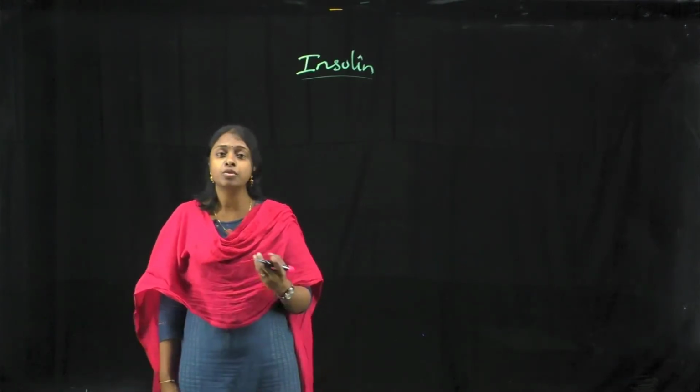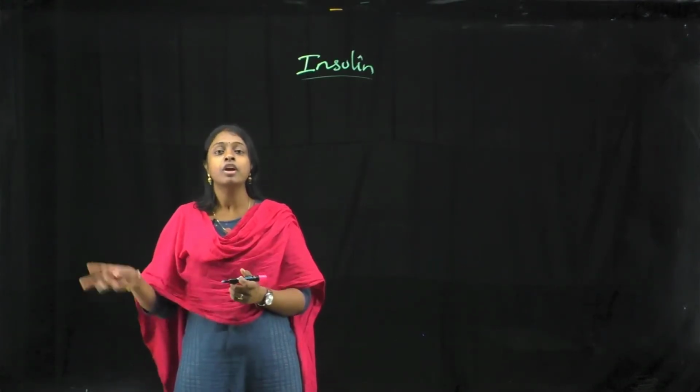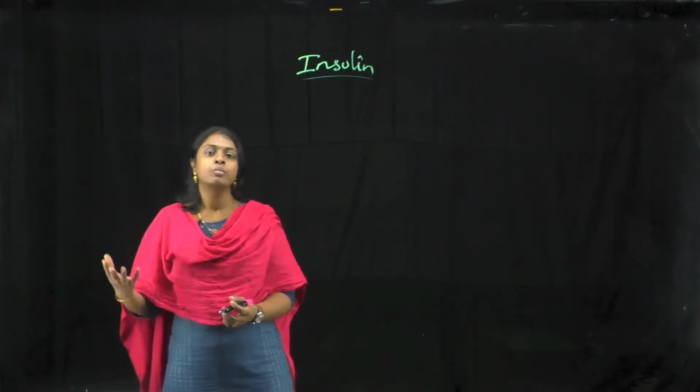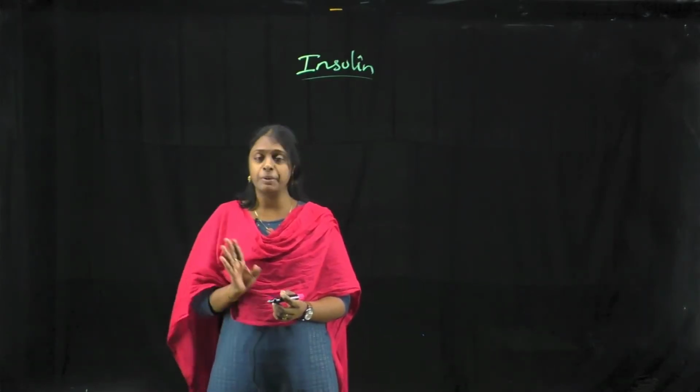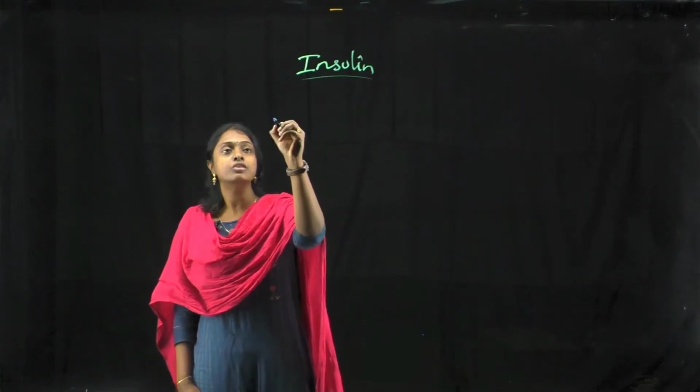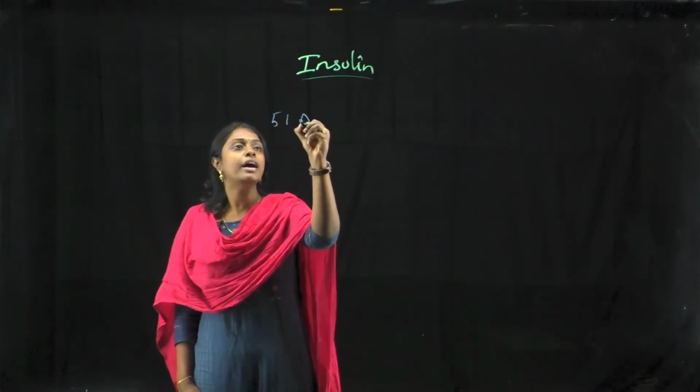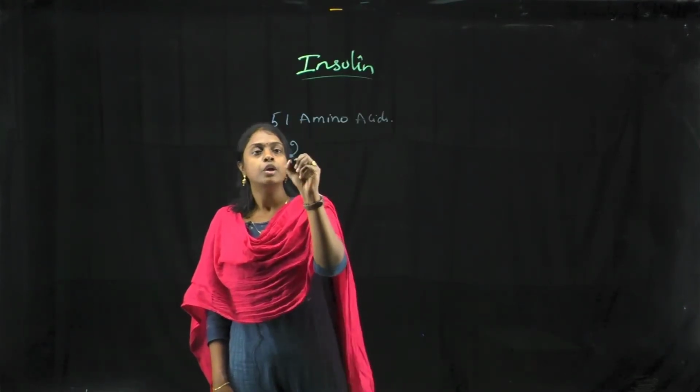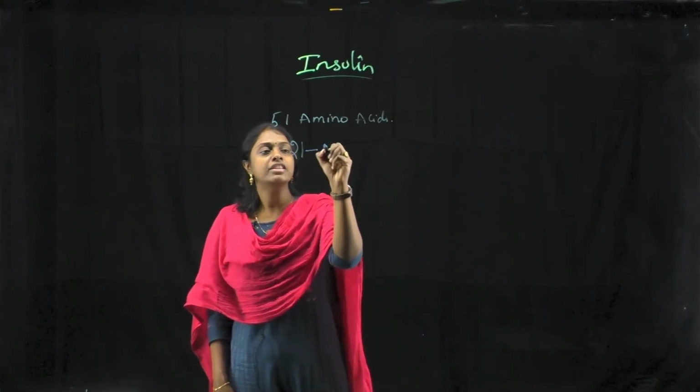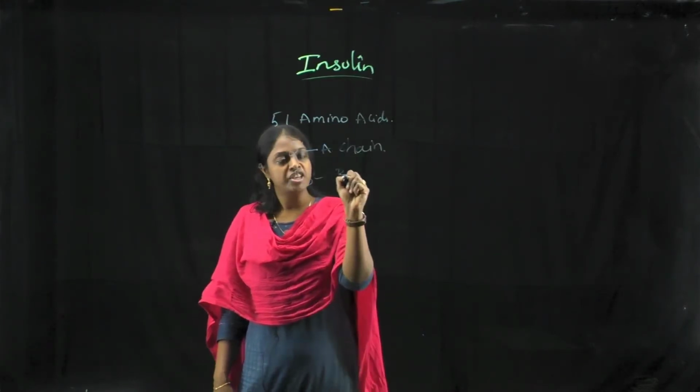As I told you, insulin consists of the A and B chains, and it consists of 51 amino acids. Of these 51, 21 are in the A chain and 30 in the B chain.